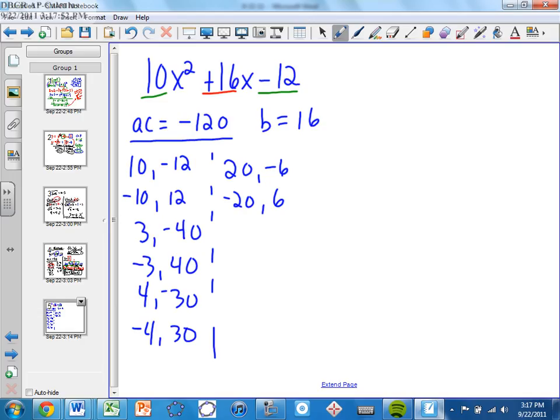Okay, 5 and what? 5 goes with what number here, guys? 5 and negative 24, or negative 5 and 24. Do those work?